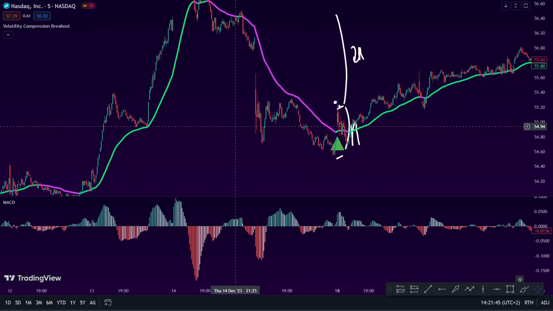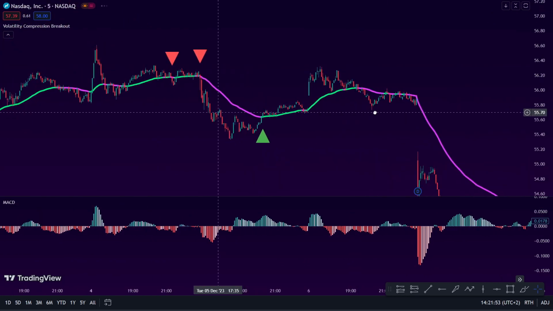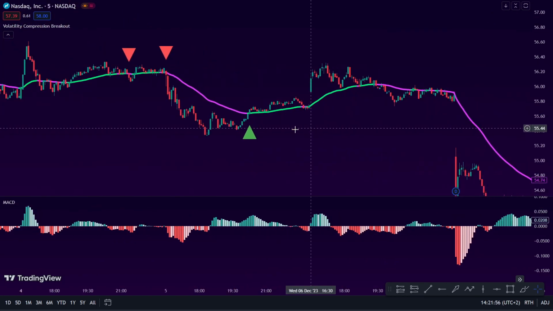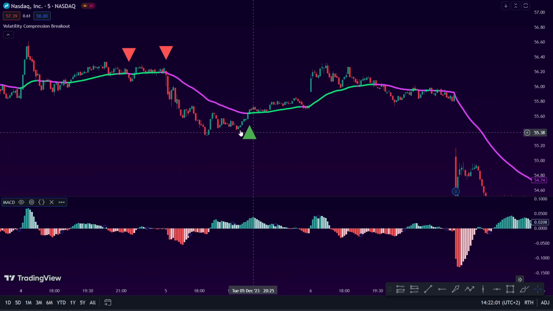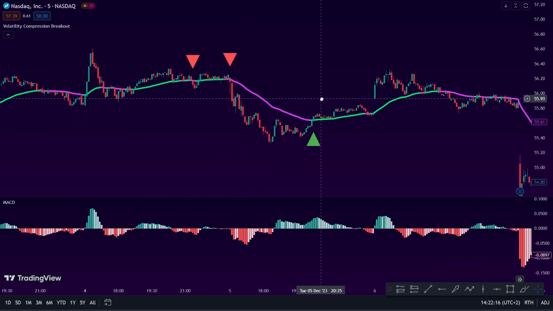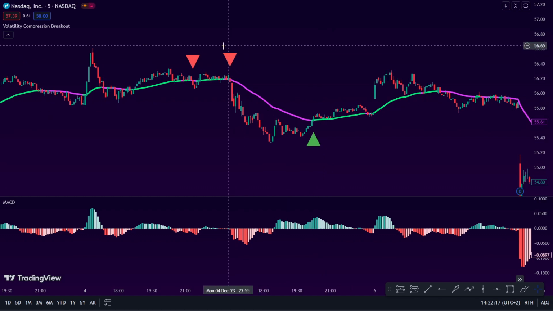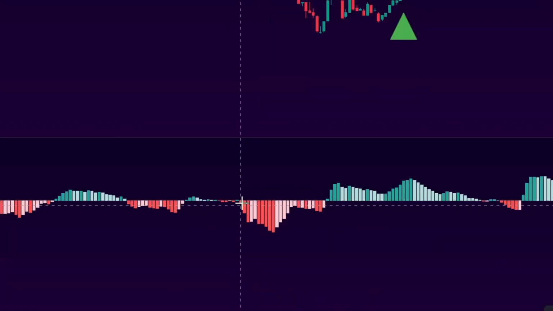Let's see the last signal and finish the video. For example, here we have a buy label, and MACD also confirms this signal. I put the stop loss, for example, here, and hope to take profit here. Or like another signal here, there is a sell label, and MACD is also red.